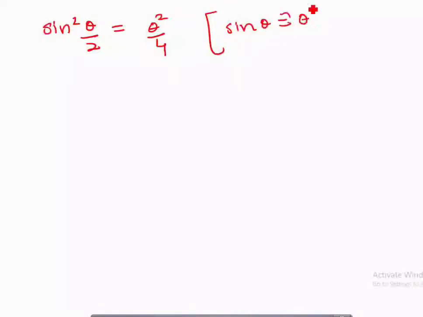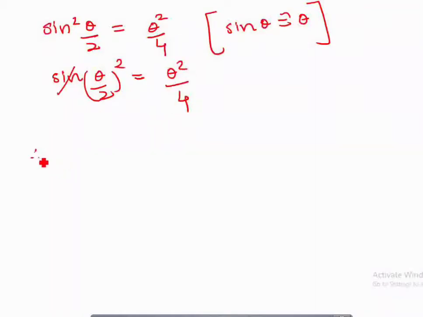Now try to understand that this sin square theta by 2 is nothing but theta square by 4, because sin theta is equivalent to theta, since theta is very small. And sin square theta by 2 is nothing but (sin theta by 2) bracket square, right? So if I eliminate the sin, I will get theta square upon 4.